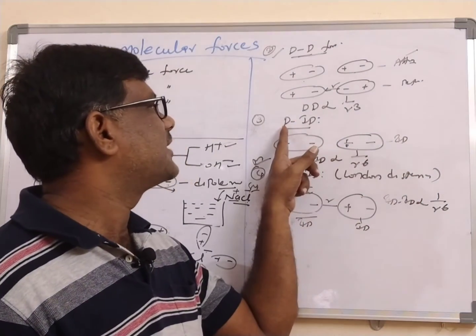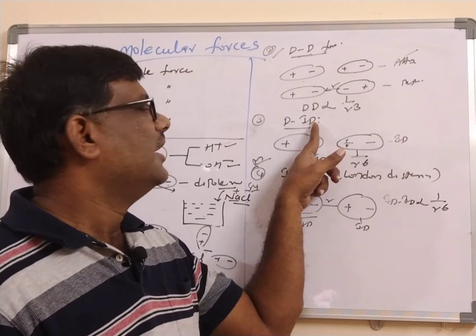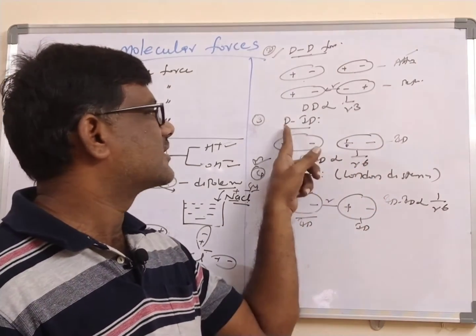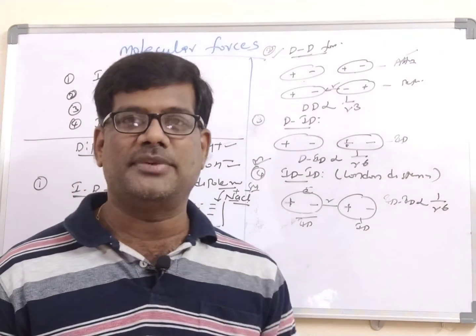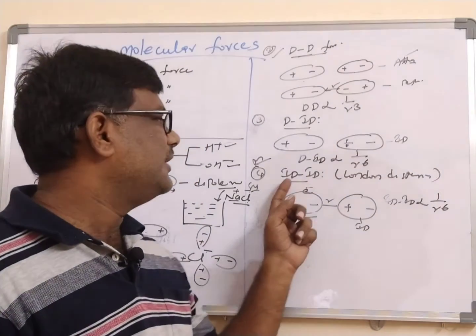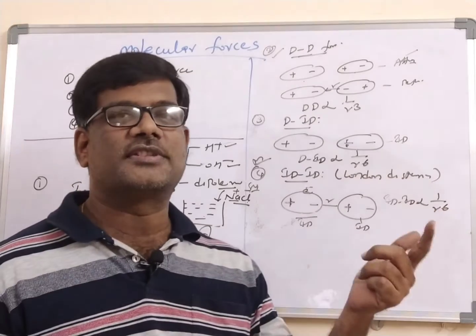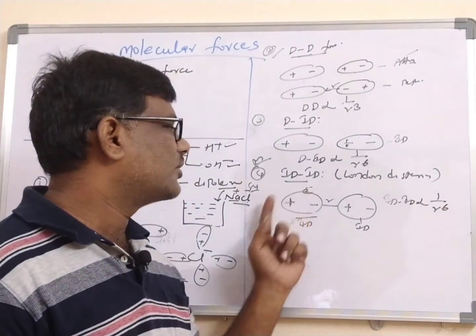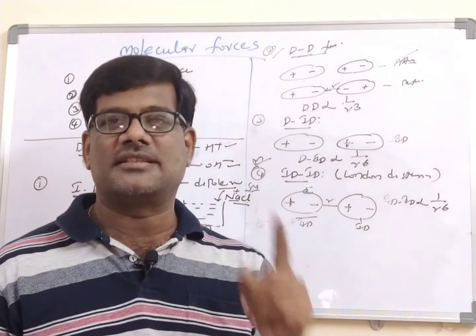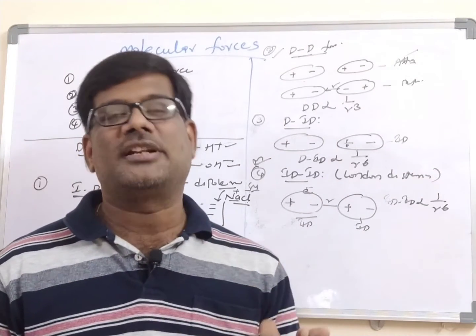A force operating between the dipole molecule and the induced dipole molecule is called the dipole induced dipole force, which is directly proportional to 1 by r to the power of 6. The induced dipole force is also called the London dispersion force. What is the phenomenon? A symmetrical neutral molecule may have an unsymmetrical electron distribution.